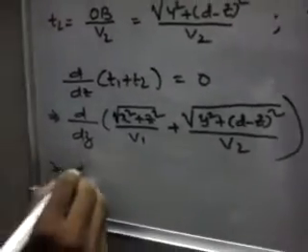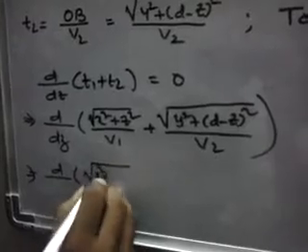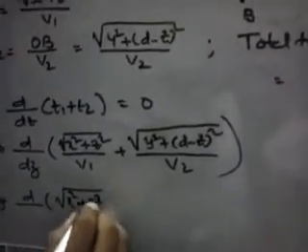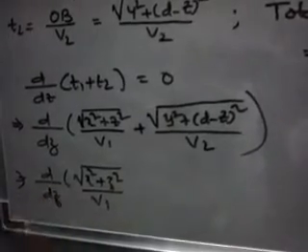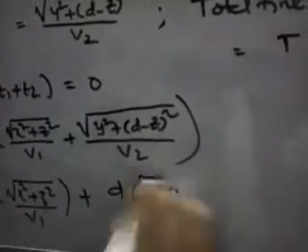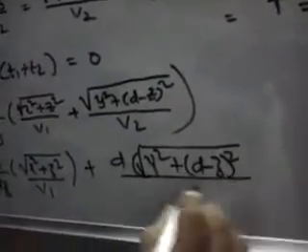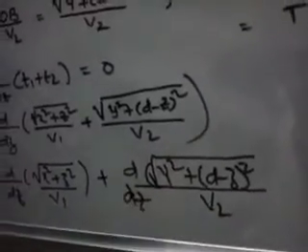That is the derivative of root over x square plus z square by v1 with respect to z, plus the derivative of root over y square plus d minus z whole square by v2 with respect to z, equals 0.